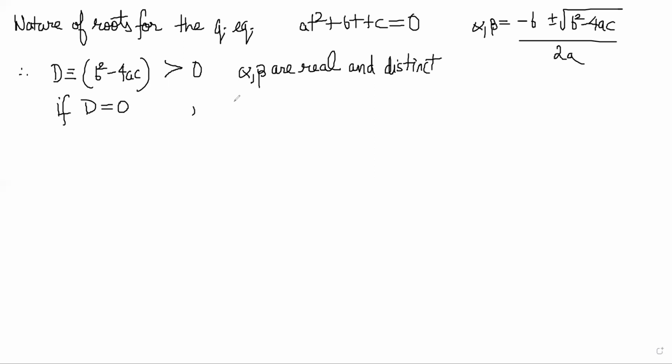If D is equal to 0, alpha and beta are real and equal, and if D is less than 0, then alpha and beta are imaginary.